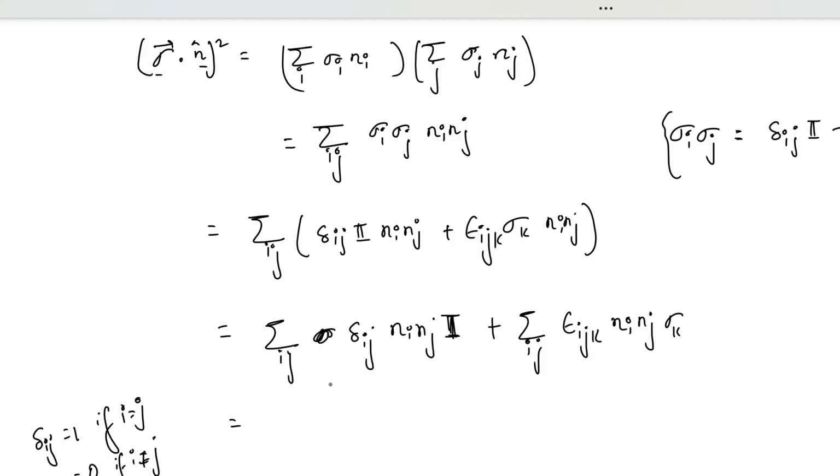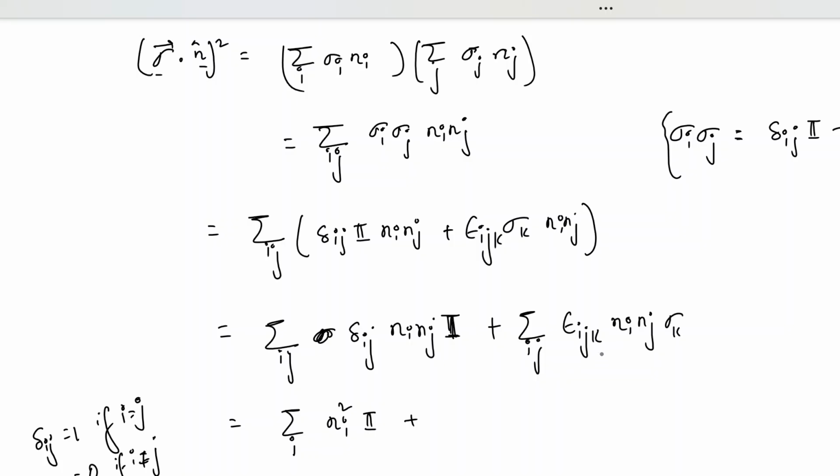That means this first term will only be non-zero if i equals j. So you reduce two summations to a single summation over i, and you get ni squared times the identity matrix I.